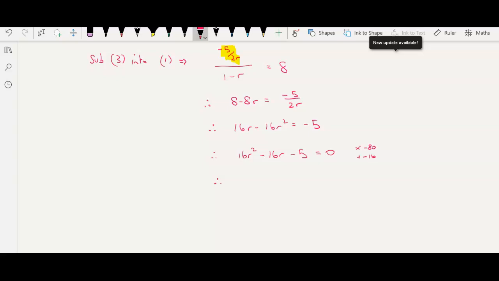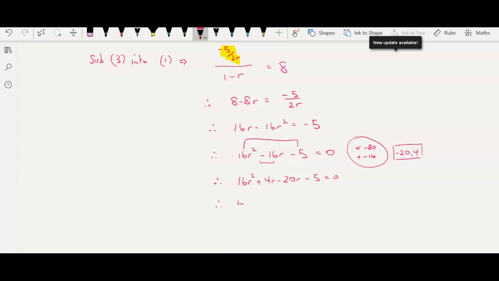Okay, I'm looking for 2 numbers that do this job for me, and where do I get those numbers from? Multiplies to -80, that comes from -5 times 16, and adding to -16. So I think -20 and 4 will do those jobs for me. So I will split my middle term up here into +4r and -20r.